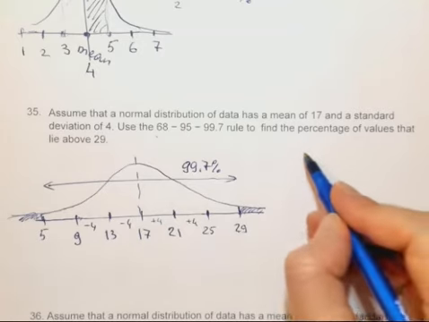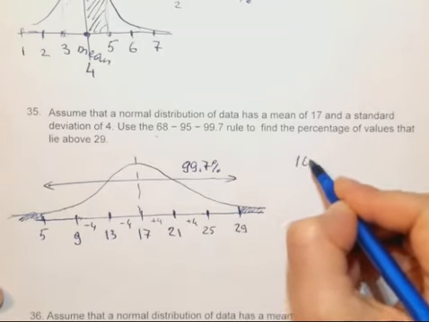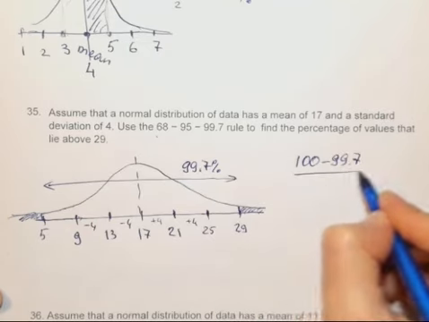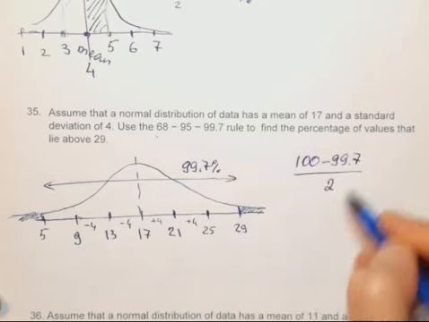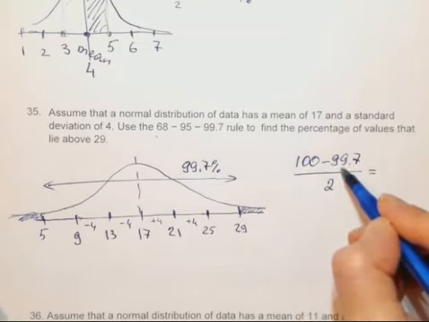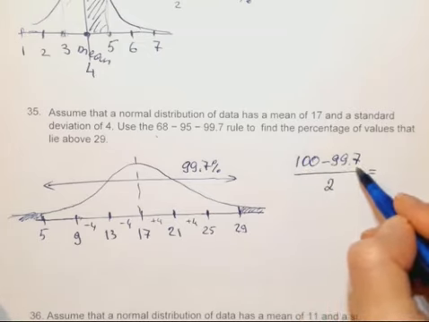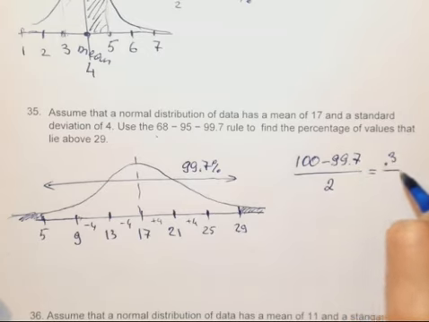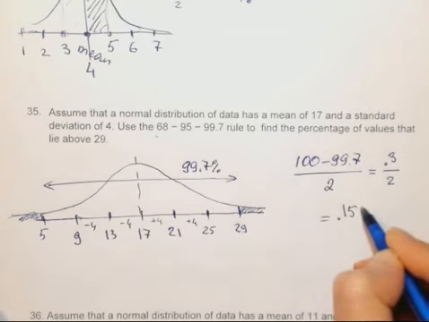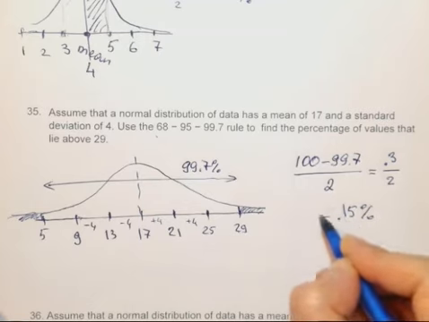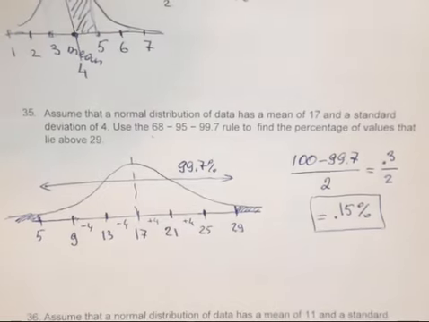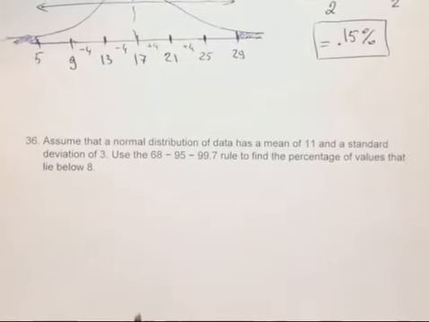So we need to subtract 99.7 from 100 and divide by 2 to get the answer. 100 minus 99 will be 1, 1 minus 0.7 will be 0.3, 0.3 divided by 2 will be 0.15%. 0.15% of data values.